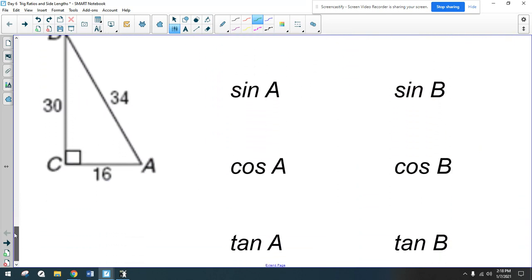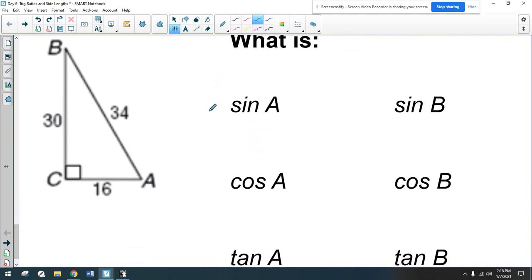Okay, I did another one for these. I probably don't need to do them all, but if you do, the A's are going to be here. Okay, so I'm going to do opposite over hypotenuse. Here's my hypotenuse. My opposite is here, and my adjacent is there. So 30 over 34.